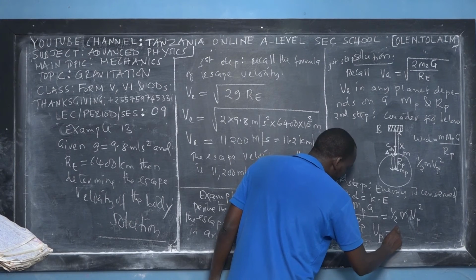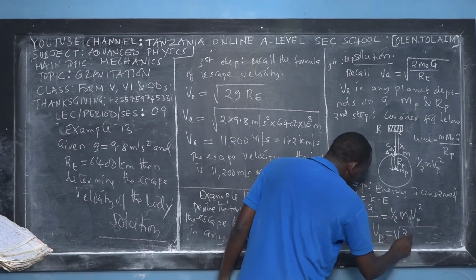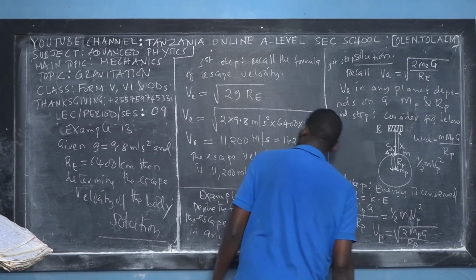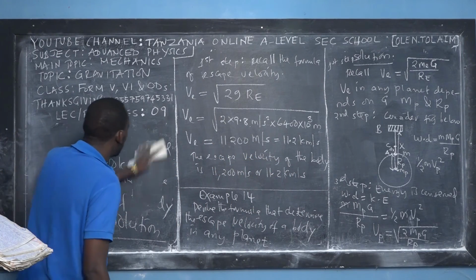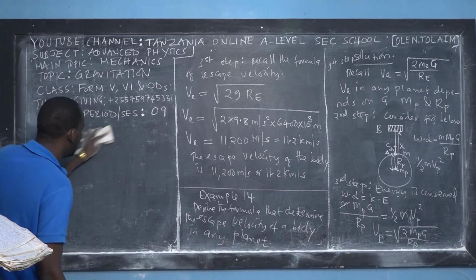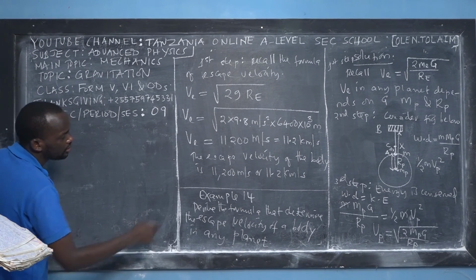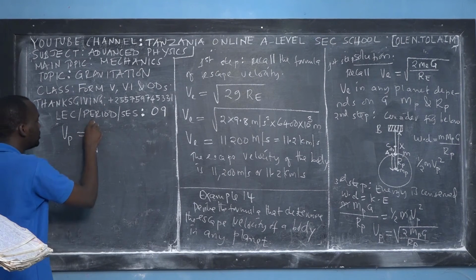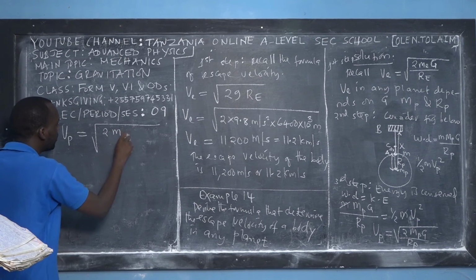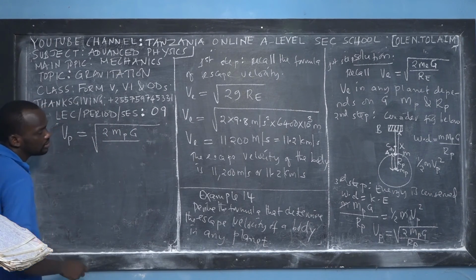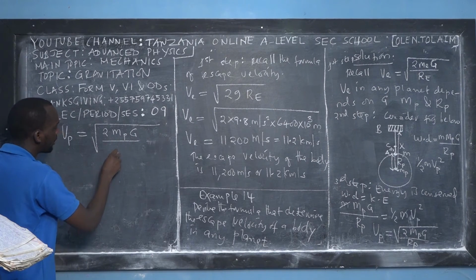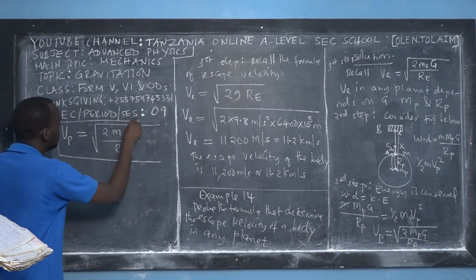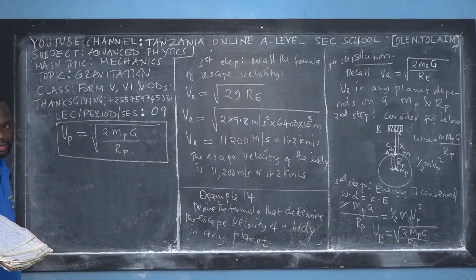Let me write it clearly. The velocity is equal to the square root of twice the mass of the planet times the gravitational constant over the radius of the planet. So that's the general formula.